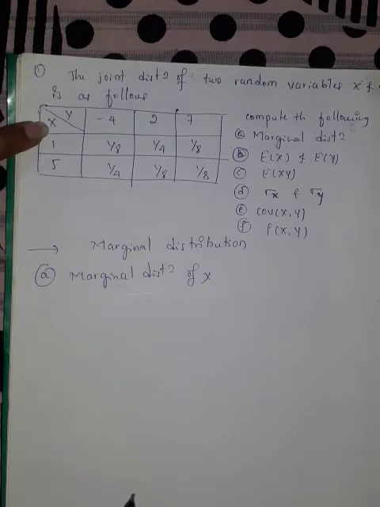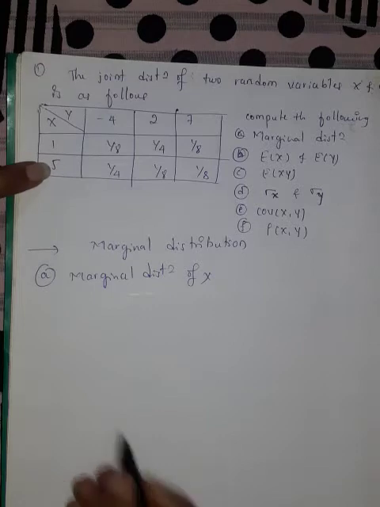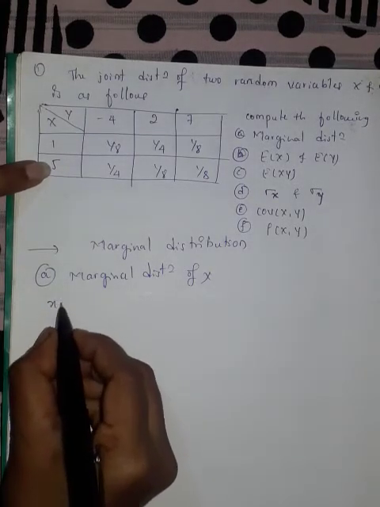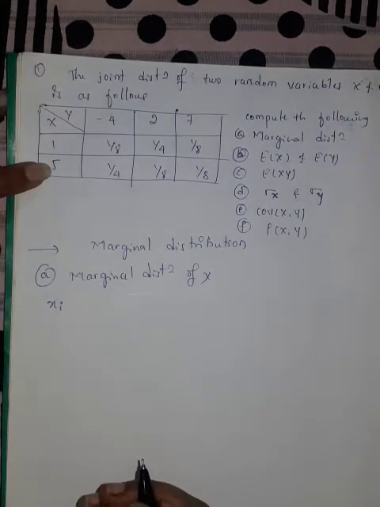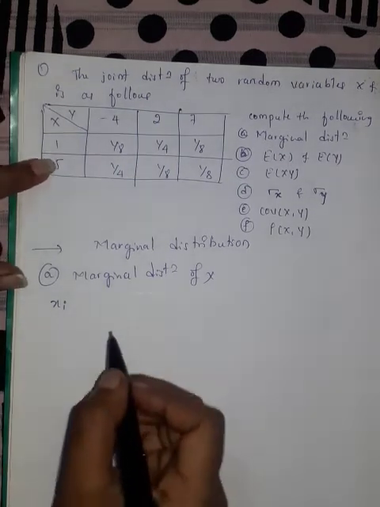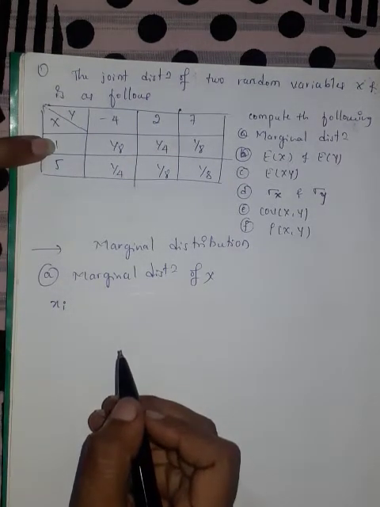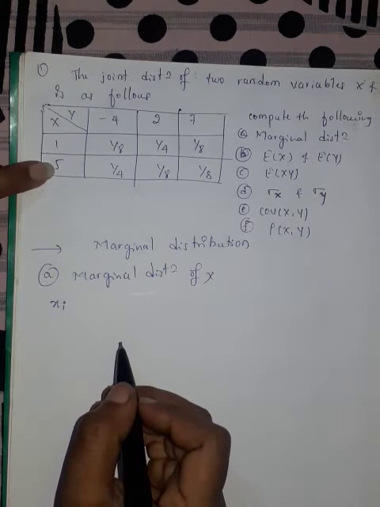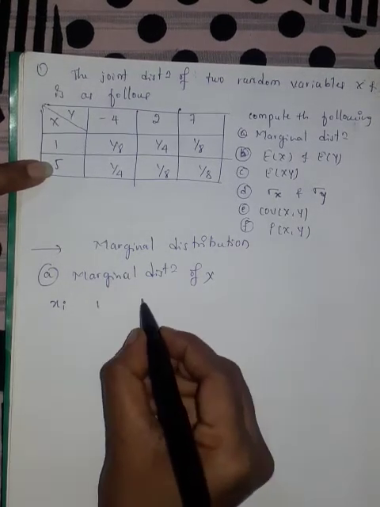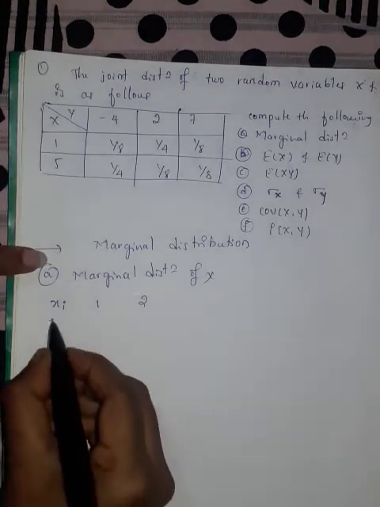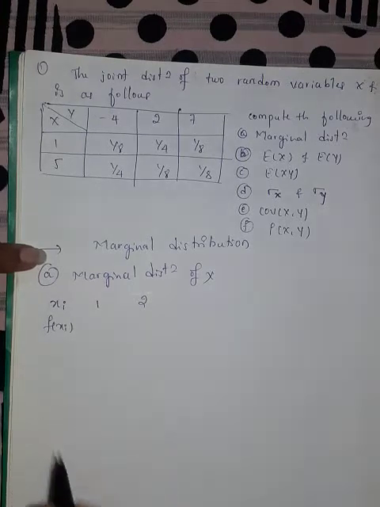This is our xi, this is x1 and this is x2. So in the marginal distribution, the first row is xi, which is 1, 2.